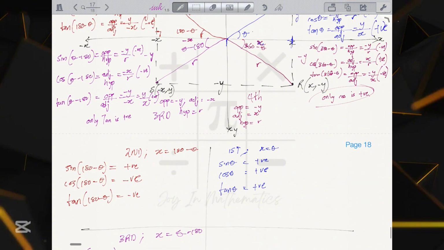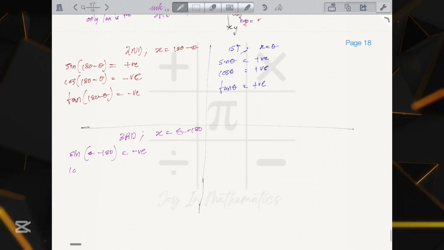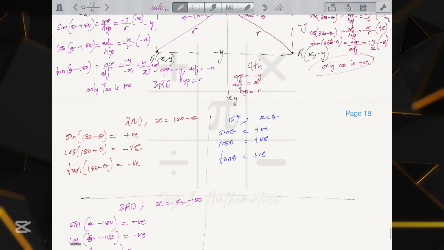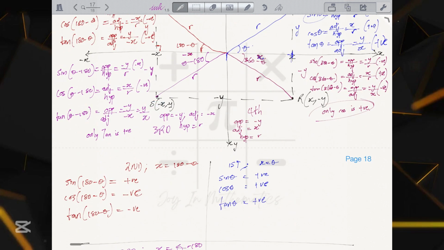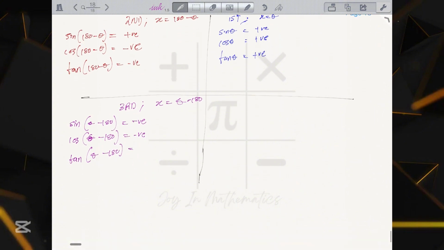Cos is also negative. Cos theta minus 180 is negative, and tan theta minus 180 is positive, because only tan is positive.